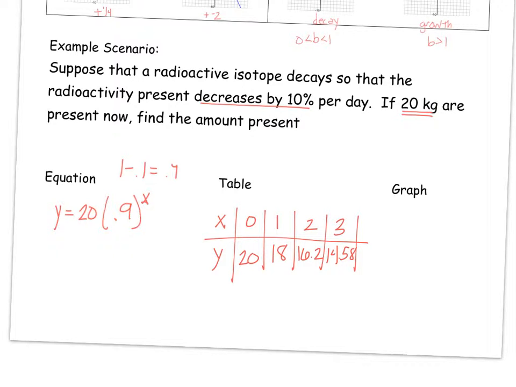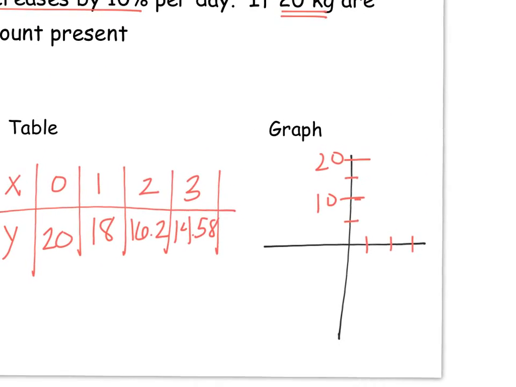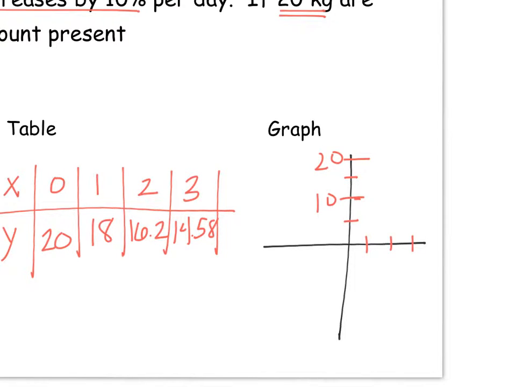Okay? Now your graph. I have 1, 2, 3, and a 0. So I'm going to be at 20. That's my 10, and I have 15 and 5. So I'm going to graph 0 and 20, 1 and 18, 2 and 16, 3 and 14.